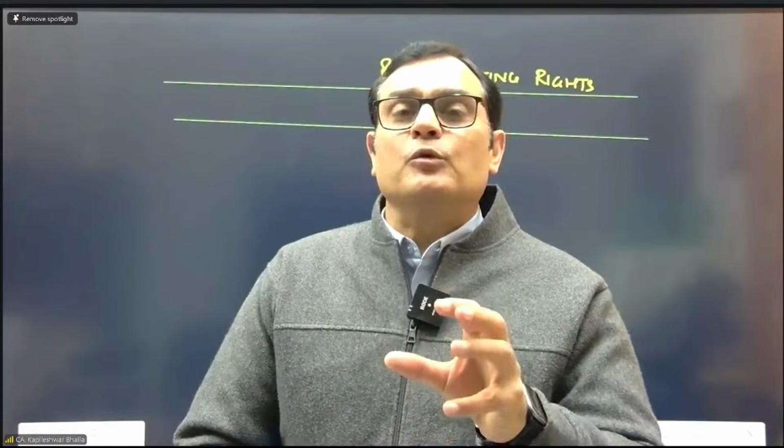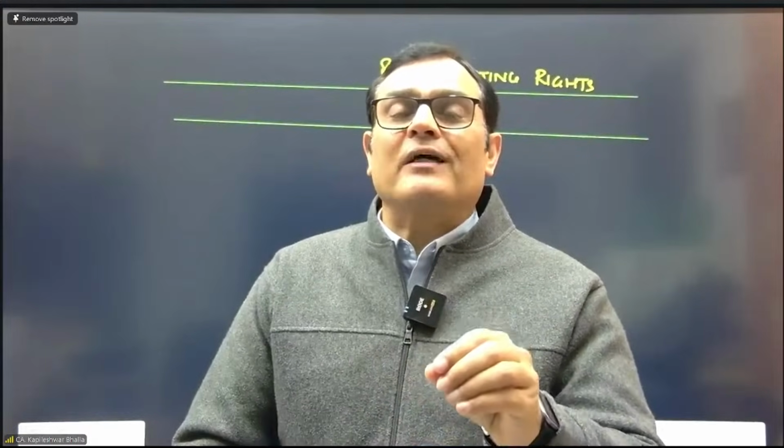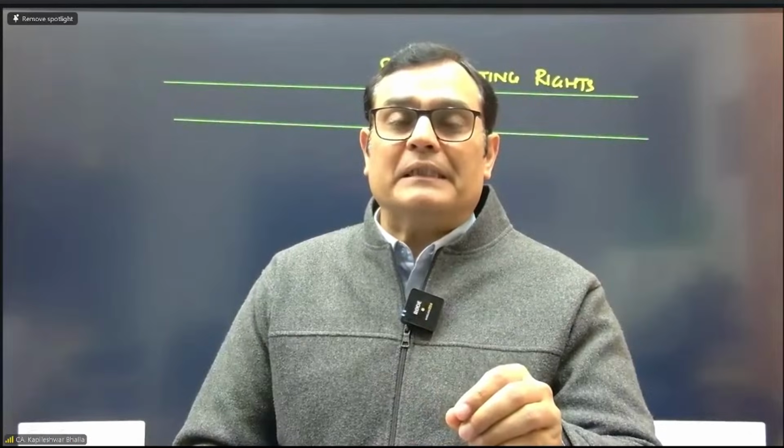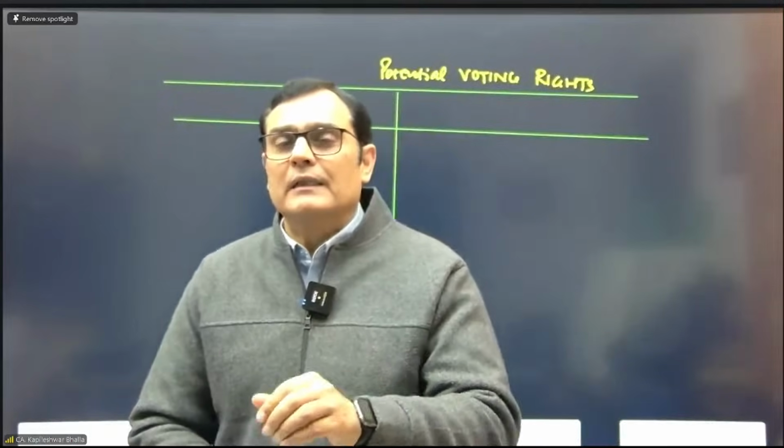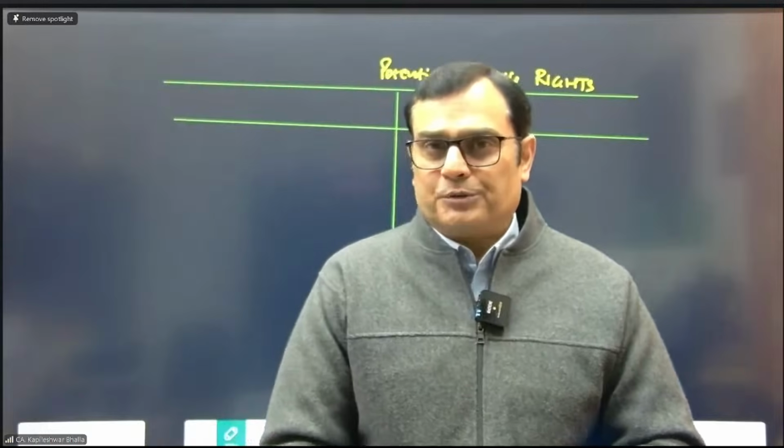And I read in some publications, not on significant influence but on control assessment, that if you've got, let's say, around 25-30% voting power in a company, and other factors indicate that you've got control, it's a difficult case of consolidation.